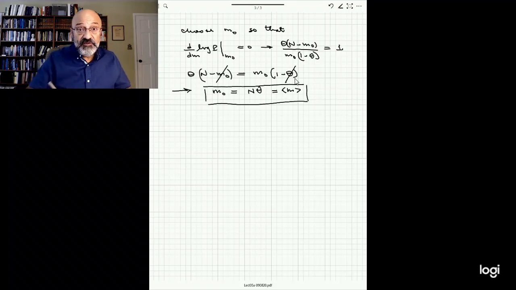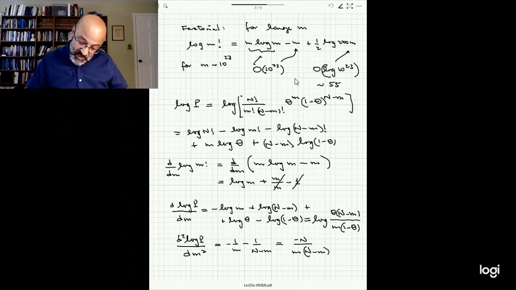Now we substitute back into the second derivative. So we want to substitute that m0 into the second derivative here. Just put m0 here and m0 there.